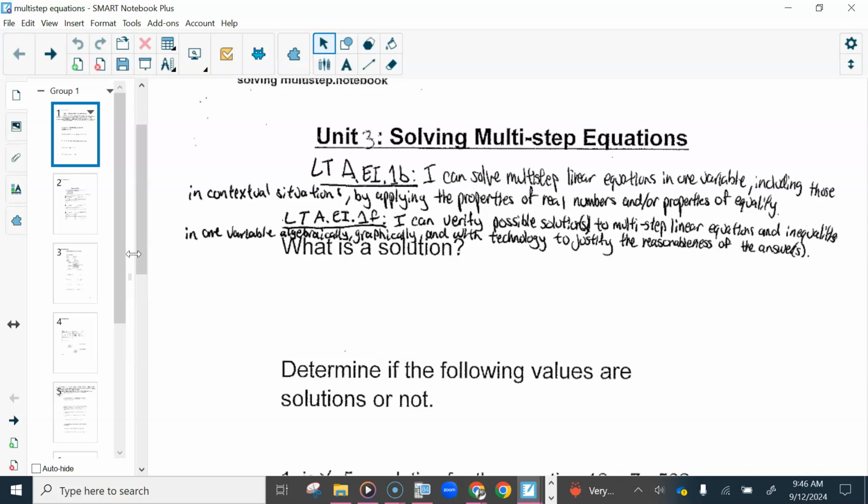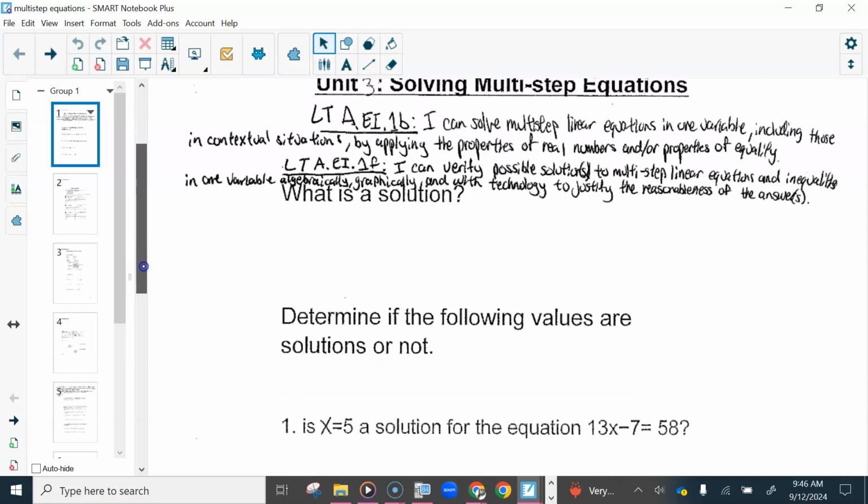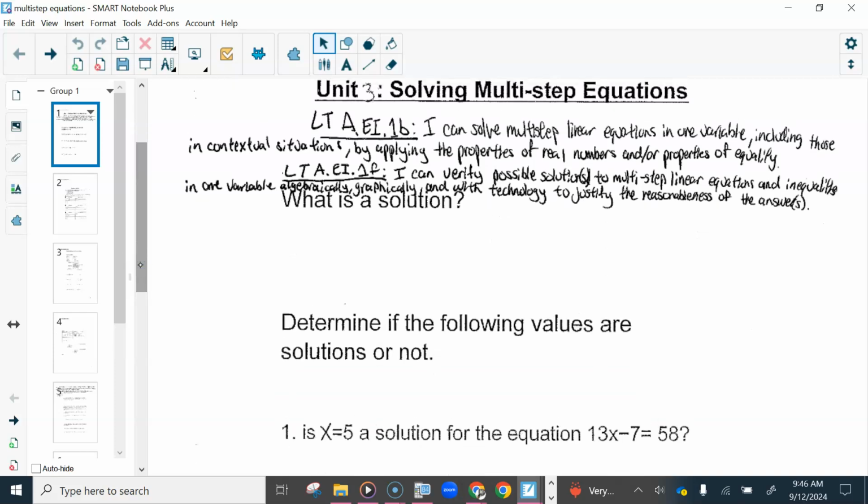So the standards for this, there are multiple. Keep those in mind. You can solve multi-step linear equations. So that part shouldn't be too new, but there's also like the verified part of this. So 1, if I asked you what is a solution, what would you tell me? What comes to mind?